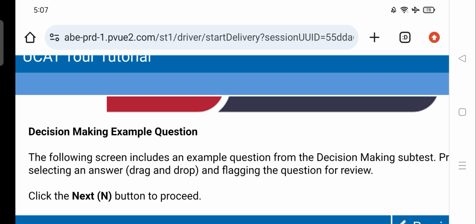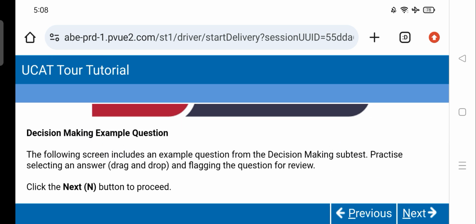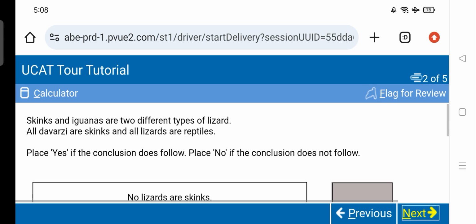Now the next screen has an example question from decision making. This portion has the drag and drop option that we already discussed in the last video. You can practice it more, how you can drag your right option and drop it in the right box. Now click the next button to proceed.